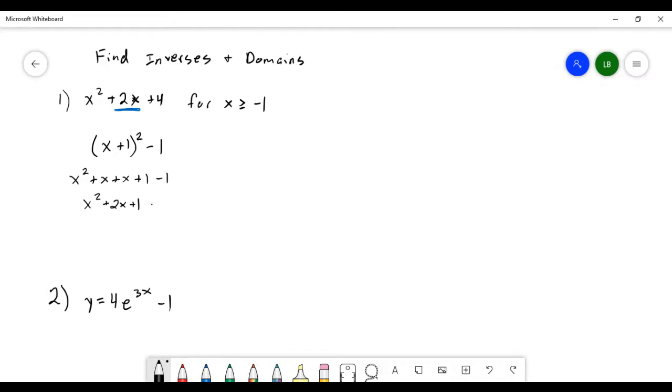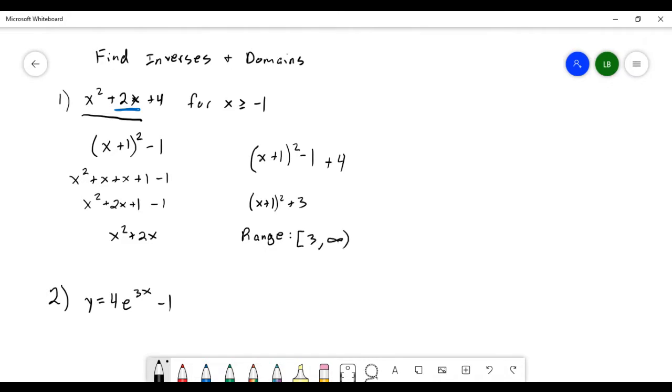But then if we subtract 1 afterwards, that's just x squared plus 2x, which is exactly these first two terms. So if we complete the square on this problem, we would end up with x plus 1 squared minus 1, and then plus our 4 at the end. So we get x plus 1 squared plus 3. And if you're looking for the range of this, which we'll need to find the domain of our inverse, it's just everything bigger than 3. Does that make sense?